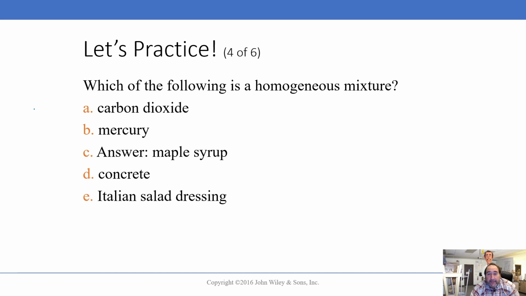Maple syrup has sugar, molasses, whatever else may be in your syrup in there. But it does look the same throughout when you pour it. Concrete is a lot of things together, sand, rocks, and stuff like that. And Italian salad dressing, kind of oil and vinegar. Kind of mix it together. Some other spices and stuff in there that you could see.